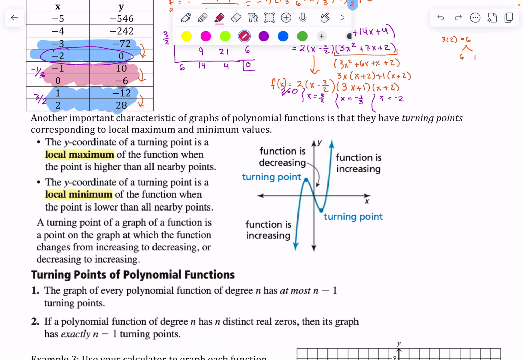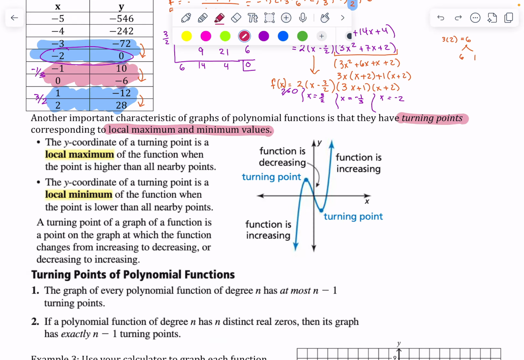So now another important part of polynomials is something that we call turning points, or they're more commonly known as local max and min values. So basically anytime you go from increasing to decreasing, or from decreasing to increasing, you're going to create a turning point or a local max or min.